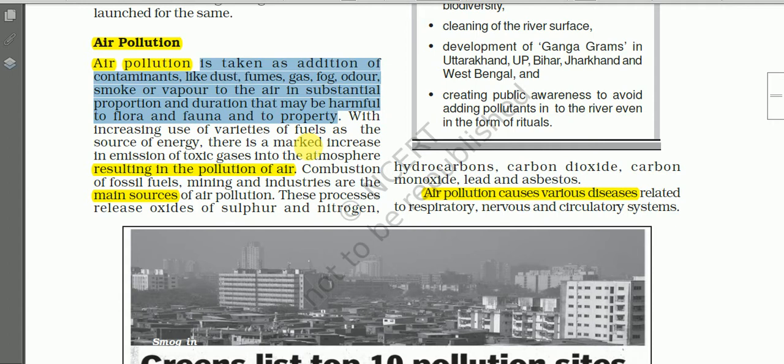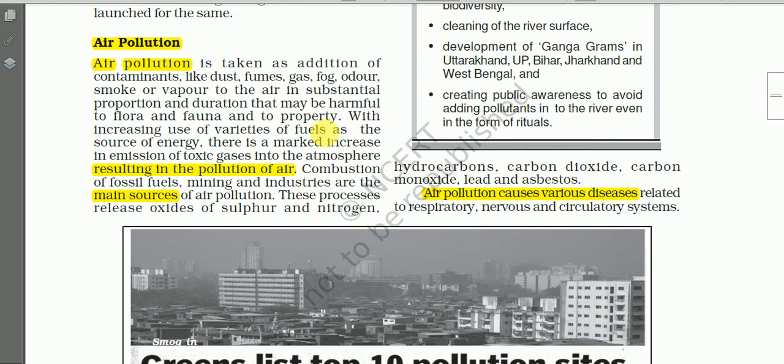Fumes means gases ejected from an engine as waste products. Odor is smell. Substantial proportion means in large quantity and in long duration of time, that may be harmful to plants and animals and to property. So this is the meaning of air pollution.